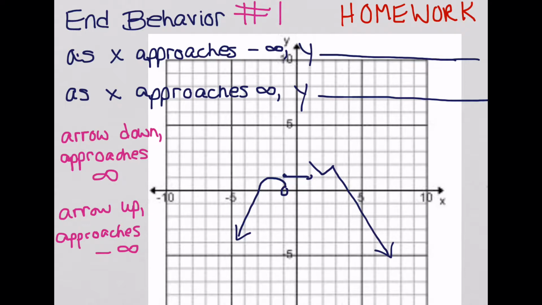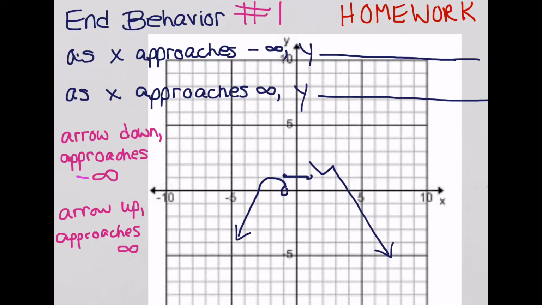Okay, this is number 1 on your homework, and behavior. As x approaches negative infinity, in other words, what is this thing doing way over here to the left? Well, it looks like my arrow's pointing down, and so this is a little reminder. If the arrow's pointing down, it approaches negative infinity. If the arrow is pointing up, it approaches positive infinity. Well, that's good that I had that written down wrong.